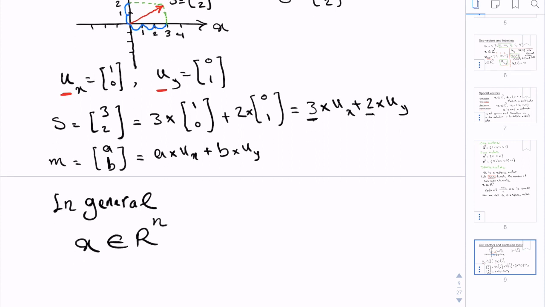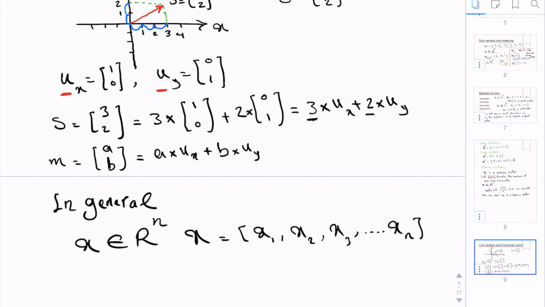So if this vector's elements are x equal to x1, x2, x3, up to xn. To be more specific, we should use index 0 if we want to be consistent with Python, but we're starting here with index 1.